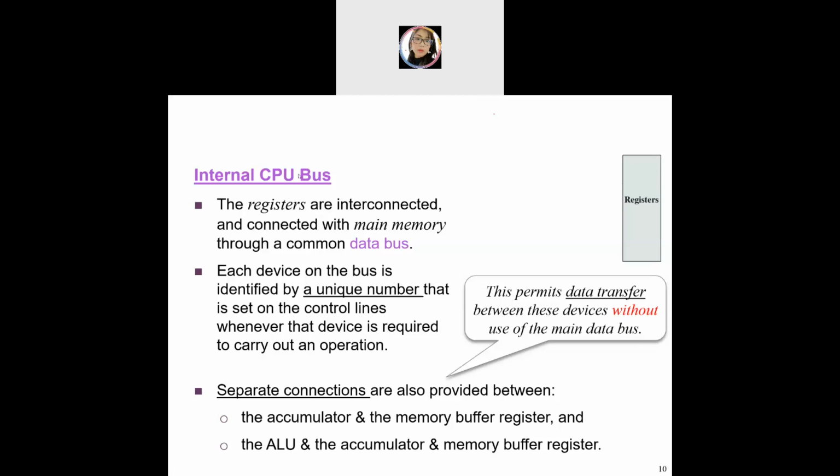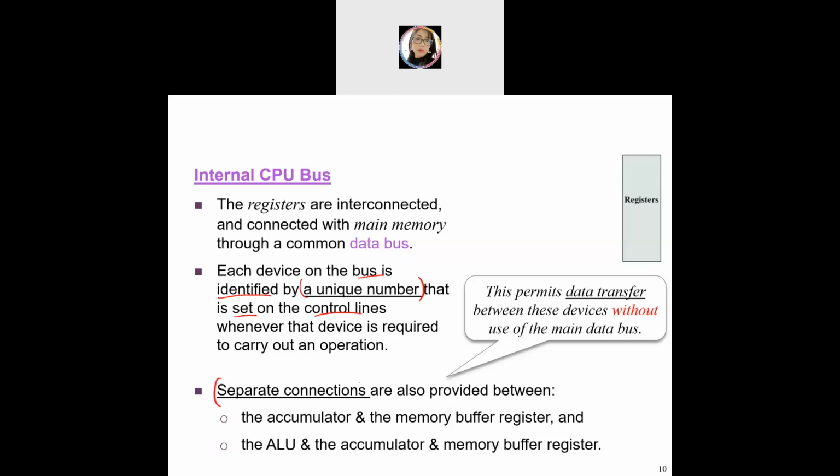Internal system bus, the registers are interconnected and connected with your main memory through a common data bus. Each device on the bus is identified by a unique number that is set on the control line whenever the device is required to carry out a program.